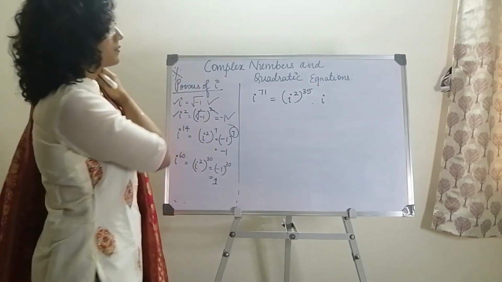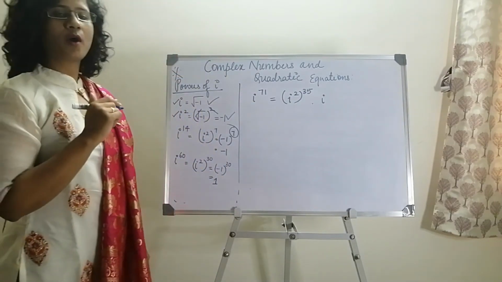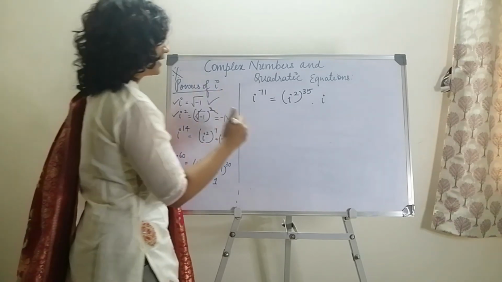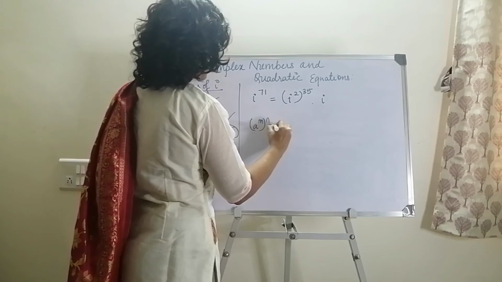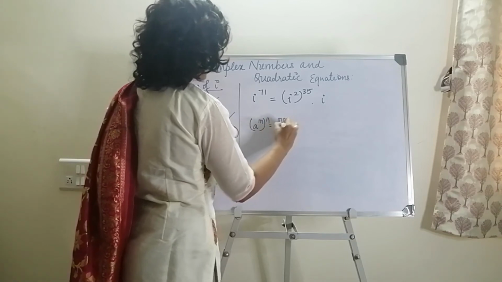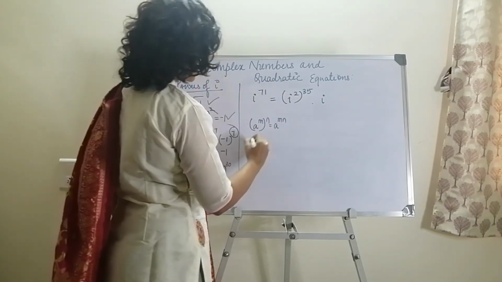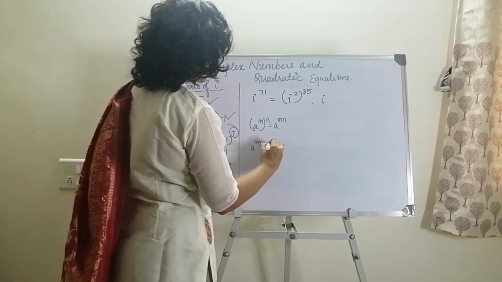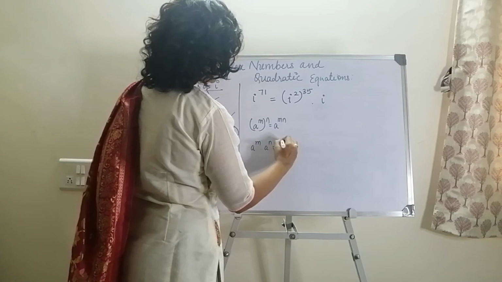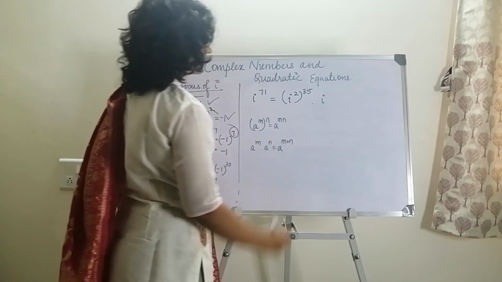Here I am using two properties of indices. One is a to the power m whole to the power n is equal to a to the power mn, and the second one is a to the power m into a to the power n is equal to a to the power m plus n.